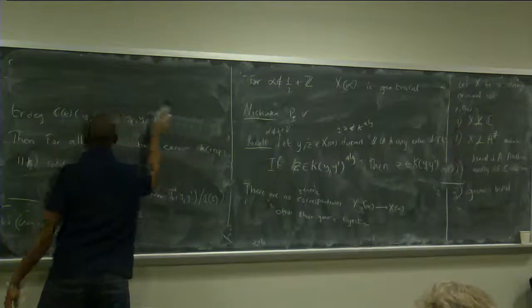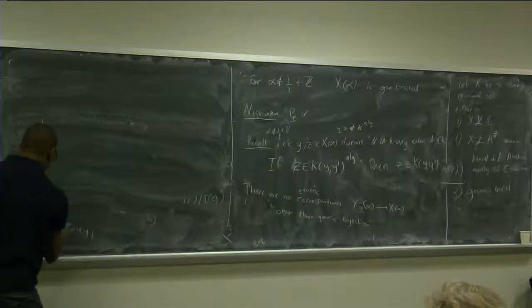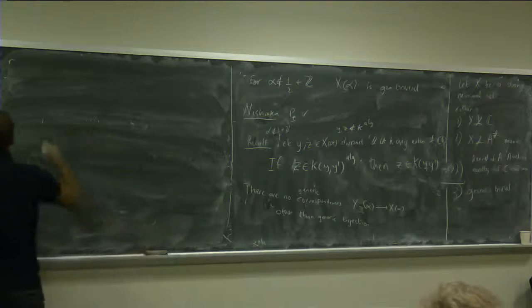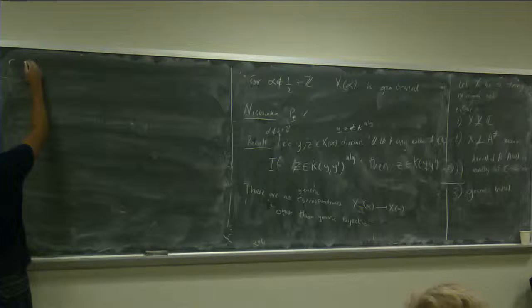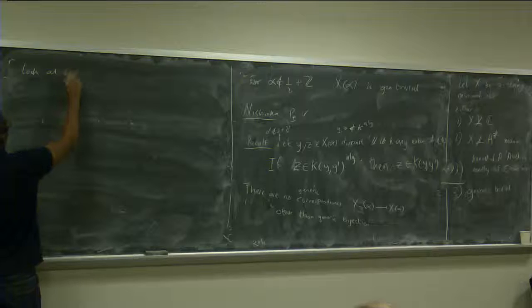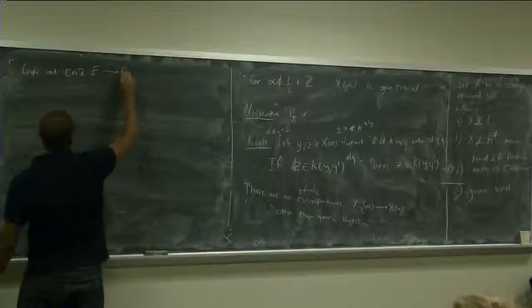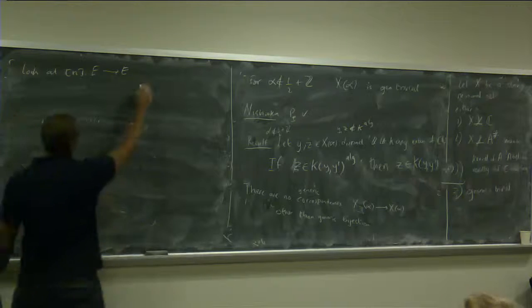let's look at E sharp. On the other side, take an elliptic curve. Look at the multiplication by n map.